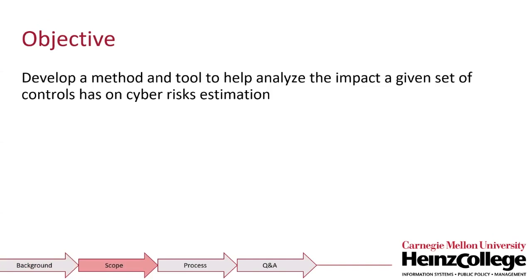For these questions, we wanted to provide an answer. This is the very general overview of what we achieved, which is to structure and build a method, as well as a parallel prototype tool for analyzing and estimating the impact that a given set of controls would have on cybersecurity risks and on the reduction of financial loss.